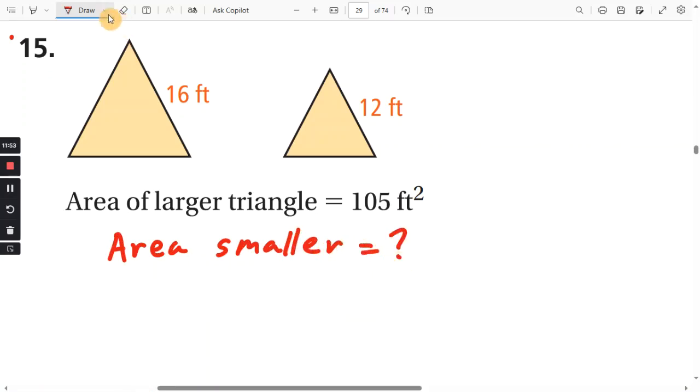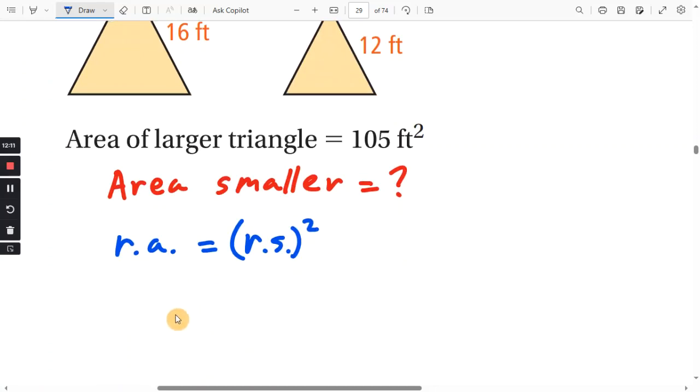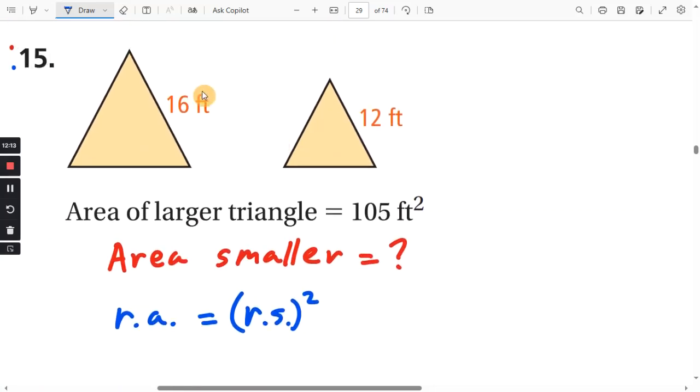So, we said a minute ago, the ratio of the areas equals the ratio of the sides squared. All right, and for the ratio of the sides, what are we going to do here? Well, we're just going to do 16 divided by 12.